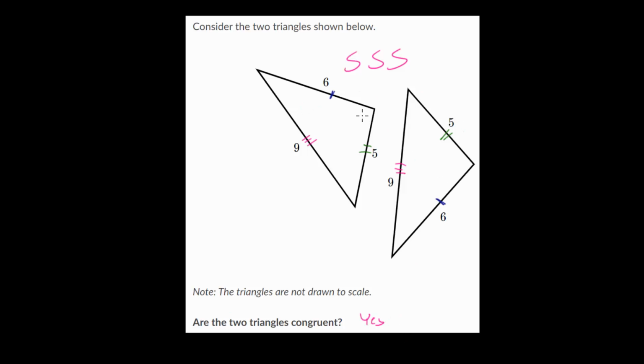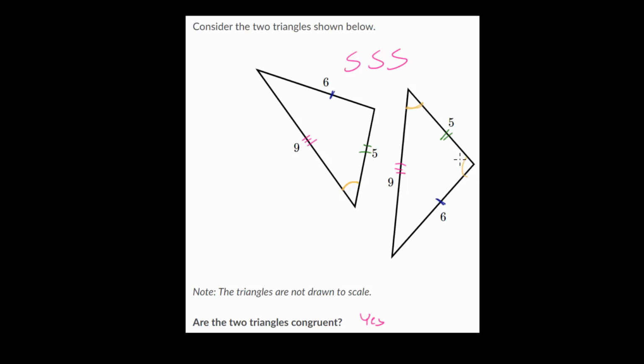And remember, when triangles are congruent, they also have corresponding angles being equal to each other. So the angle, let's say between 9 and 5, these two side lengths, would be equal in the other triangle. So the one between, again, 9 and 5.